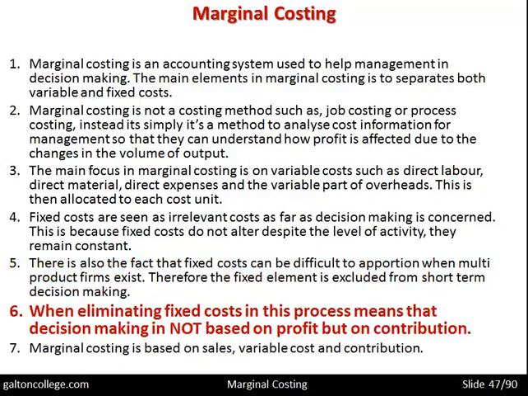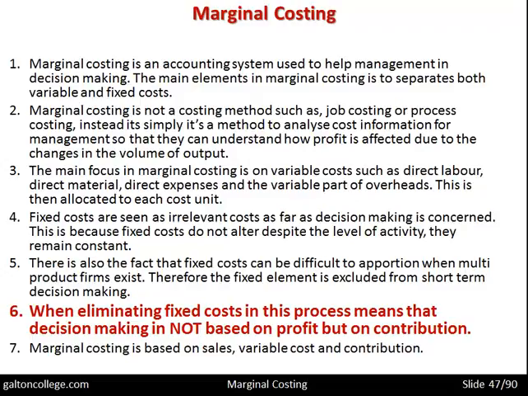When eliminating fixed costs in this process, it means that decision making will not be based on profit but on contribution. So the decision making is all about making a contribution towards the overheads, and then, once the overheads are paid for, going on to make a contribution towards profits. And the more that's sold, the more profits will be generated.